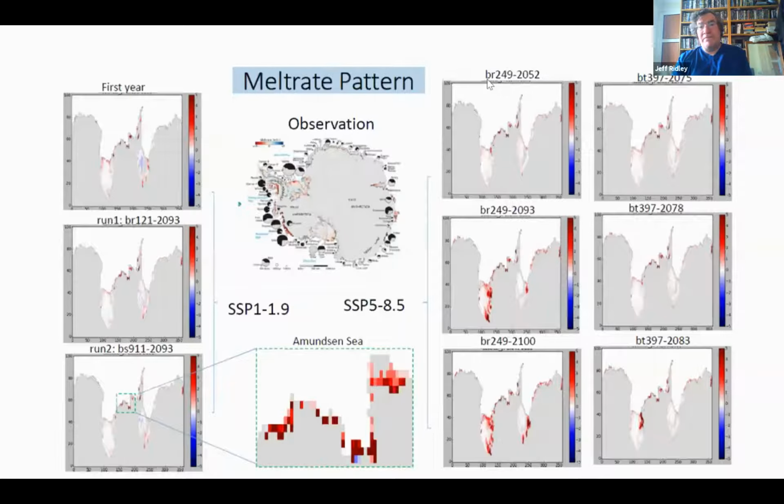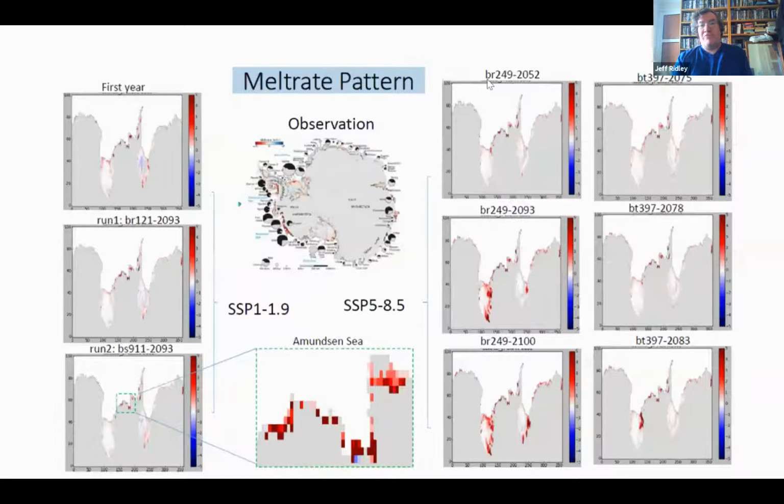The Filchner ice shelf, one of the ensemble members shows the Filchner ice shelf melting, but another doesn't show it at all. So it's structurally interesting that it isn't a consistent model bias.